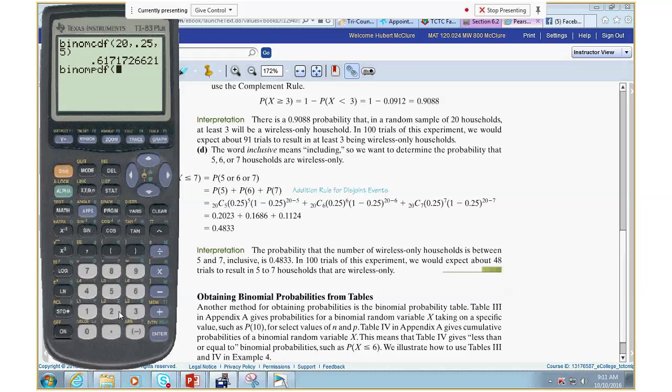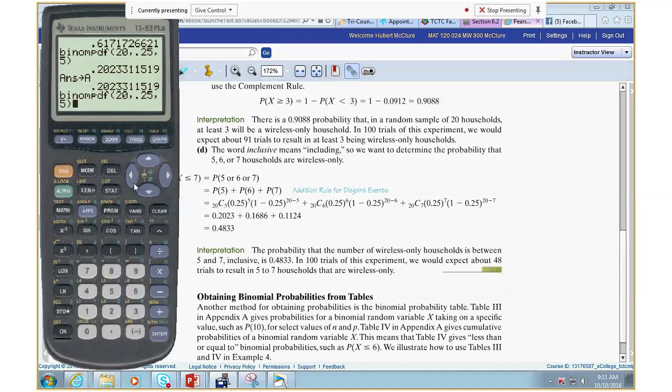20, comma, 20.25, comma, and 5. There we go. And store, alpha A, second entry.